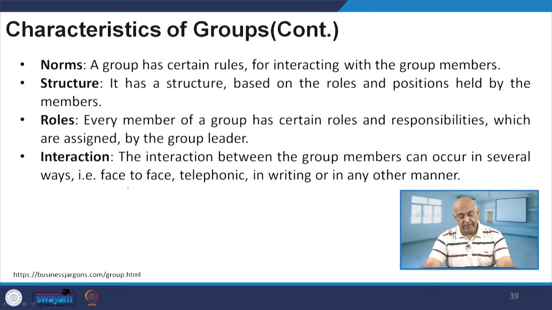Roles: every member of a group has certain roles and responsibilities. Every member has to stick to a particular role which he has to perform, and which is assigned by the group leader. Interaction between the group members can occur in several ways: face to face, telephonic, in writing or in any other manner.